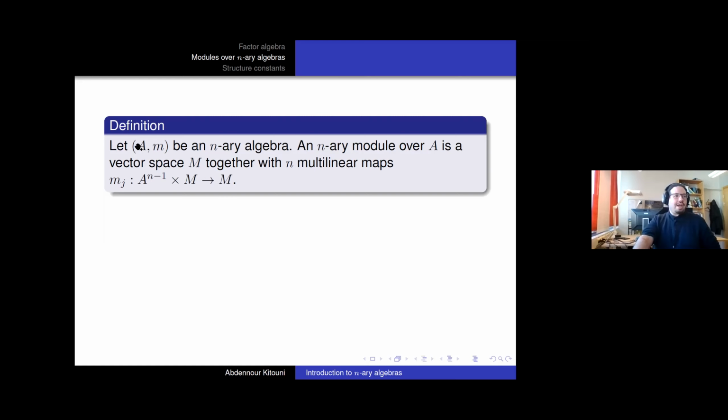So if I have an n-ary algebra A, then an n-ary module over A is a vector space M together with n multilinear maps, which I denote M_j. Each one of them will go from n minus 1 copies of A times M to M. That is, it takes n minus 1 elements of A and one element of M and returns one element of M.